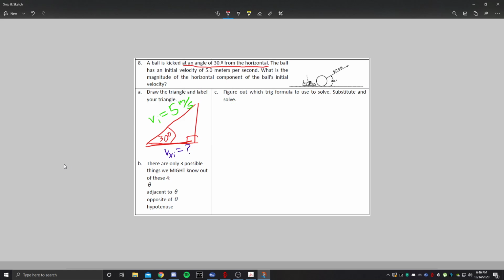Now, we know our angle is 30 degrees. Adjacent to our angle, right next to it, is Vx, and that's what we want to find out. We don't know what's opposite, and our hypotenuse is 5. Again, the only formula with all three of these is cosine. So cosine 30 is equal to Vx divided by 5.